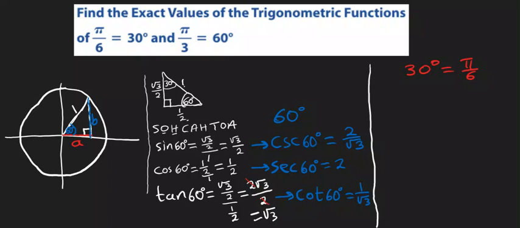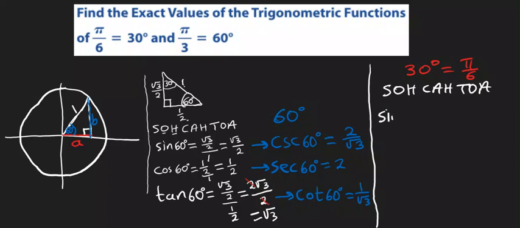If you are dealing with radians, you can simply use pi over 6. You will get the same results. SOHCAHTOA is there, and just have it here in case you might need to use it. In this situation we won't need it, but always have it to be on the safe side.